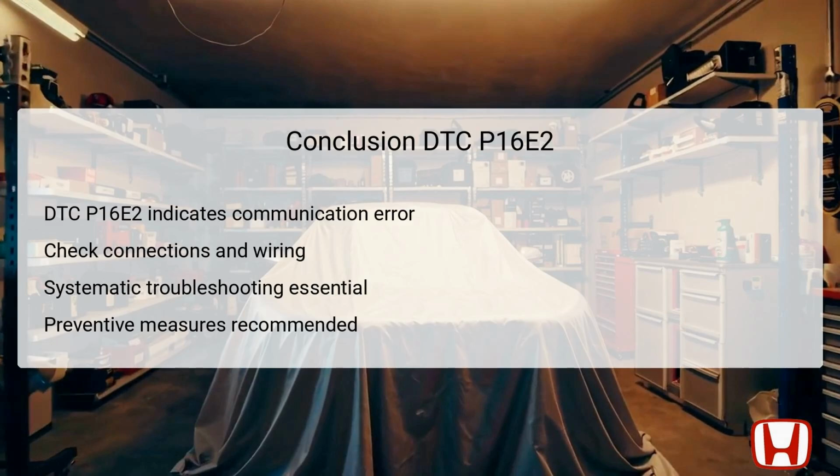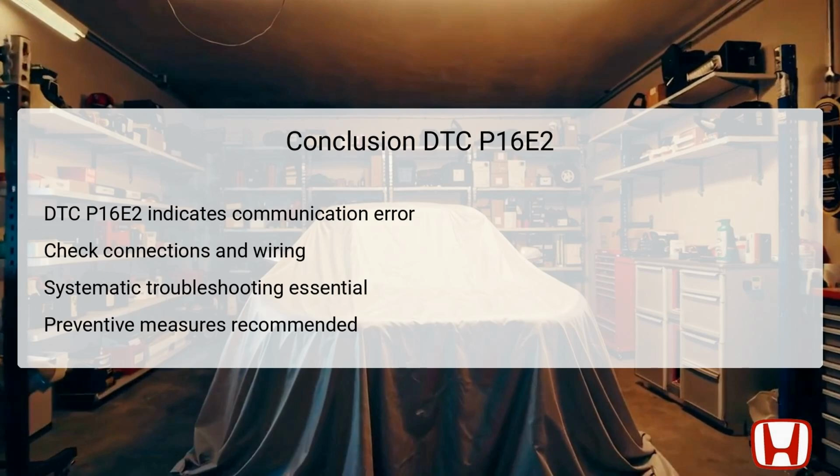In conclusion, DTC P16E2 highlights a significant communication error between the PCM and the alternator, indicating the need for careful inspections of connections and wiring. The systematic troubleshooting steps presented are essential for identifying the root cause of this issue and ensuring effective repairs.